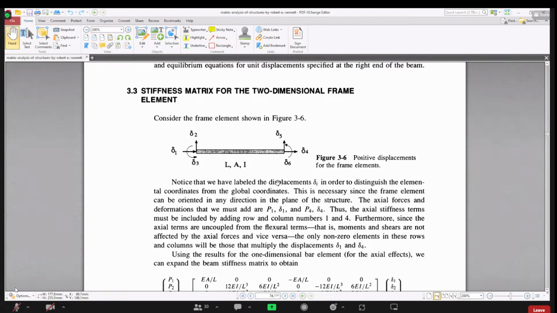Yes. Sige. So last meeting, let me just confirm, our topic was two-dimensional beams, right? Was it two-dimensional beams?